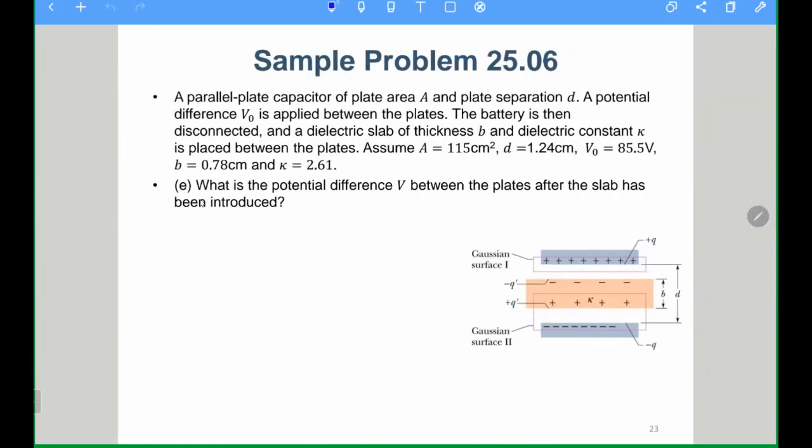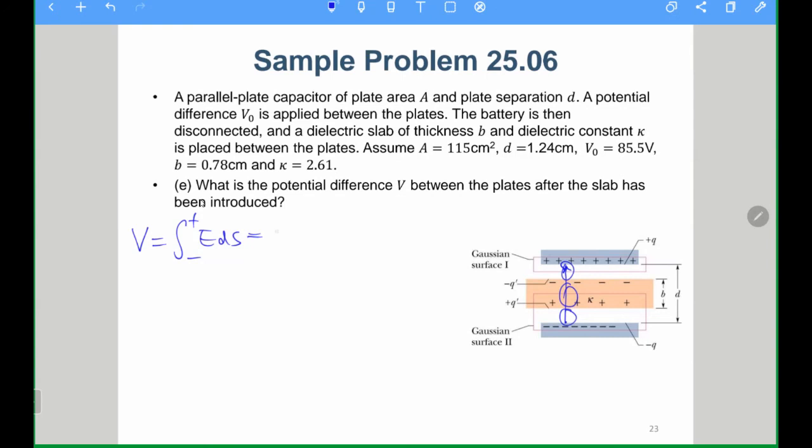Next, what is the potential difference V between the plates after the slab has been introduced? Here V equals the integral of E ds from negative to positive. So we integrate from here to here. As E is uniform in this region and in this region individually, it is just multiply and add together.